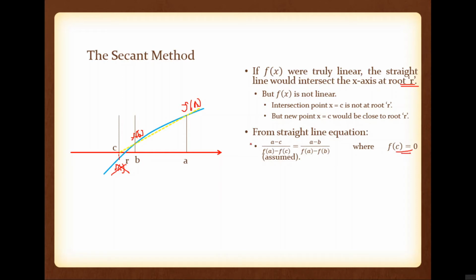So what about this equation? This equation will become a minus c divided by f of a equal to a minus b divided by f of a minus f of b. So please note this equation.